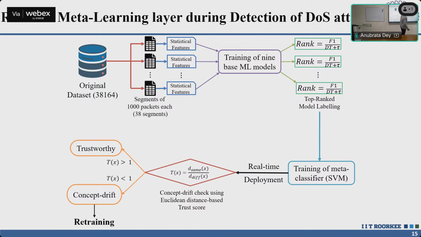Now the thing is, why is there a need to calculate this rank? This rank is required just to improve your detection part. So you are going to calculate the rank for each segment. Let's say in this segment you have some data, 1,000 packets. You calculate the statistical features, let's say 5 features, so 5 values you obtain.